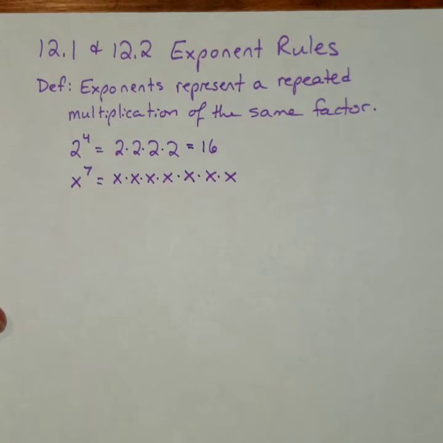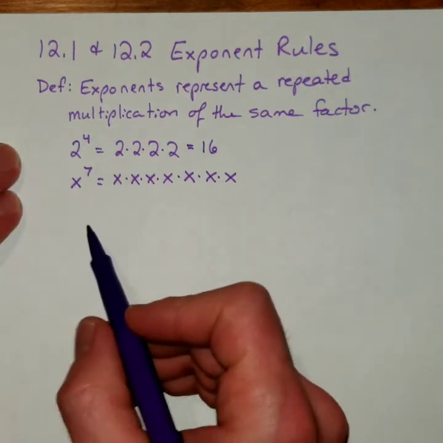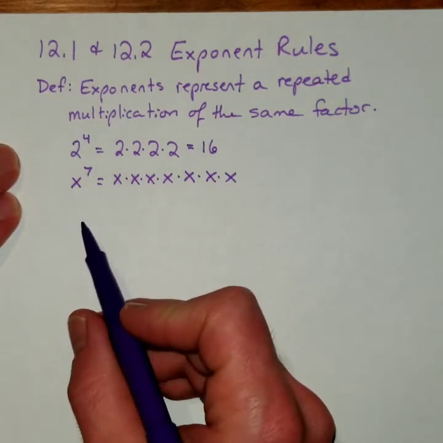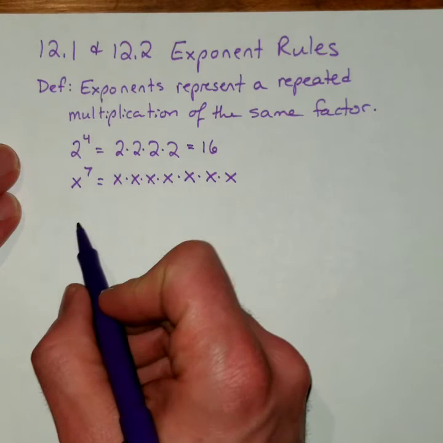Okay. Now, what we're going to start to do is combine different exponent expressions and see if we can find some shortcuts in how to combine them. So I'm going to start out using a couple of x's and multiplying them together.